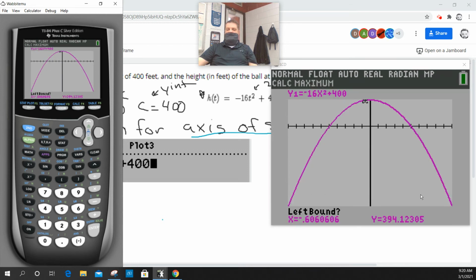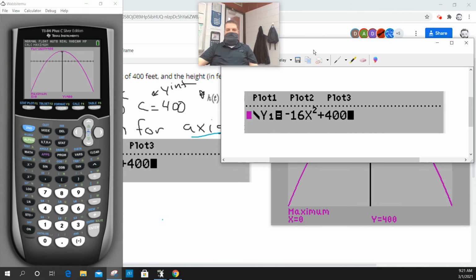It says left bound. You just go a little bit to what you think is the center. Hit enter. Then it says right bound. That means you're going to go a little bit to the right. And then it says guess. You're going to go right to the middle where you think it is. Hit enter. Hey, guess what? Guess where the maximum occurs? X equals 0.